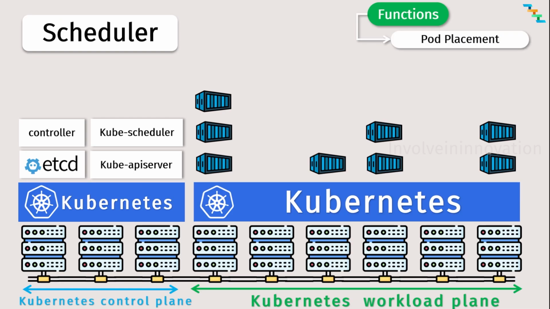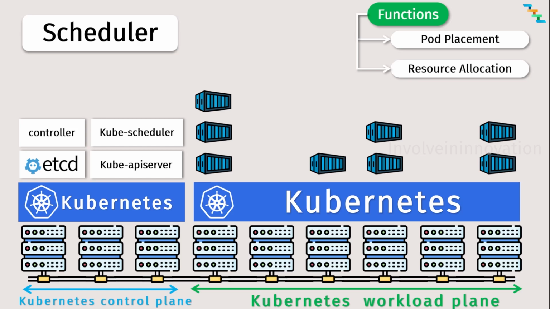Key functions of the scheduler are pod placement. The primary function of the scheduler is to assign new or unscheduled pods to nodes. This involves selecting the most appropriate node based on various constraints and requirements. Next is resource allocation. It ensures that the resource requests, such as CPU and memory, of the pods are met by the available resources on the nodes, and avoids overcommitting resources on any single node to prevent performance degradation.